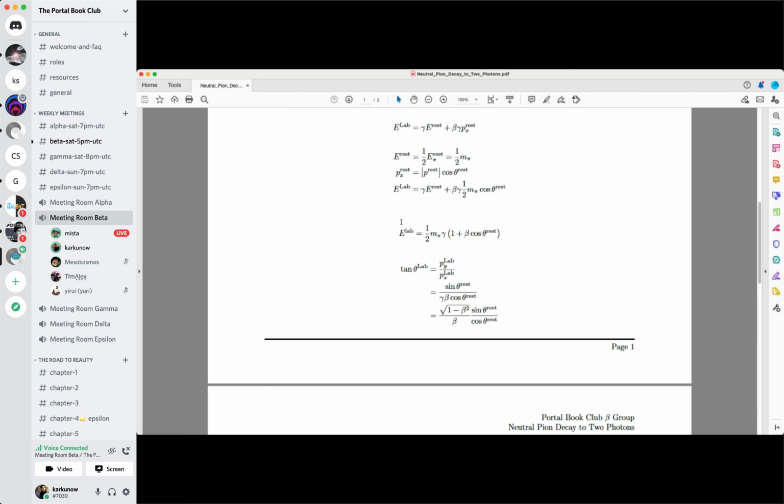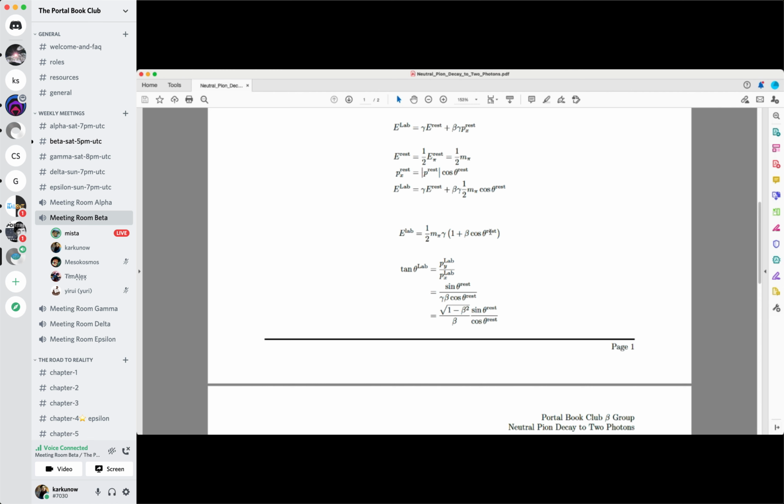Do we recall this equation, or shall I? Okay, no questions. So this is the energy in the lab frame of the first photon, in terms of a bunch of given quantities, and then the theta rest. So we know that in the rest frame, there's no preferred angle. So the photons are emitted uniformly in theta rest. But that also means that they're emitted uniformly in cosine of theta rest, right?